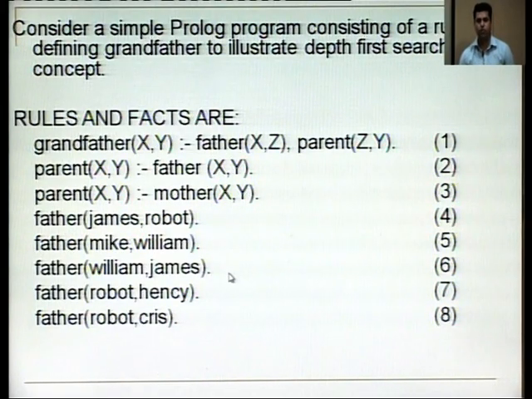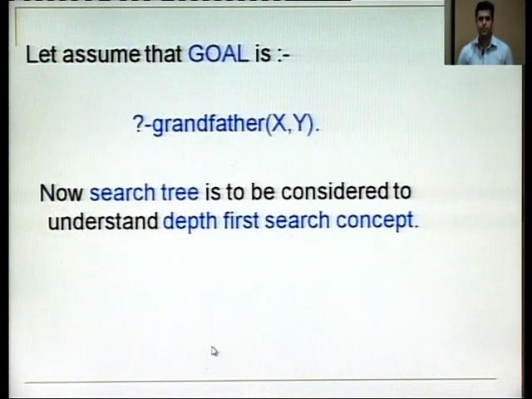James is the father of Robert, Mike is the father of William, William is the father of James, Robert is the father of Hansi, Robert is the father of Chris. You can have a number of facts to explain your program.